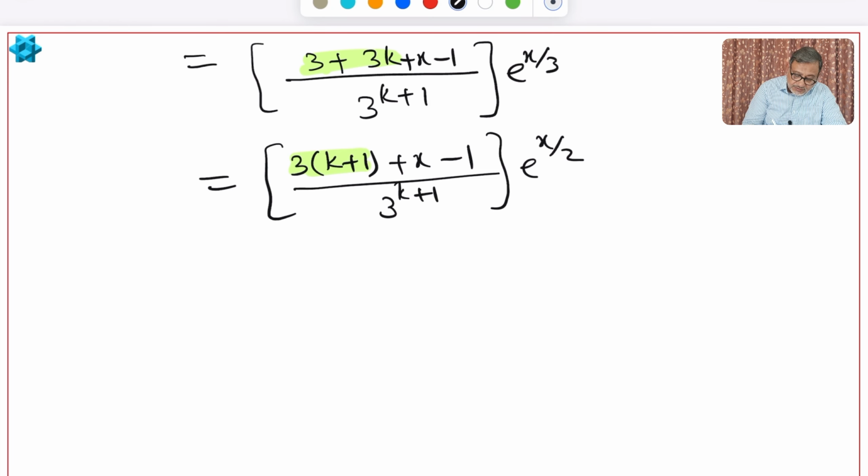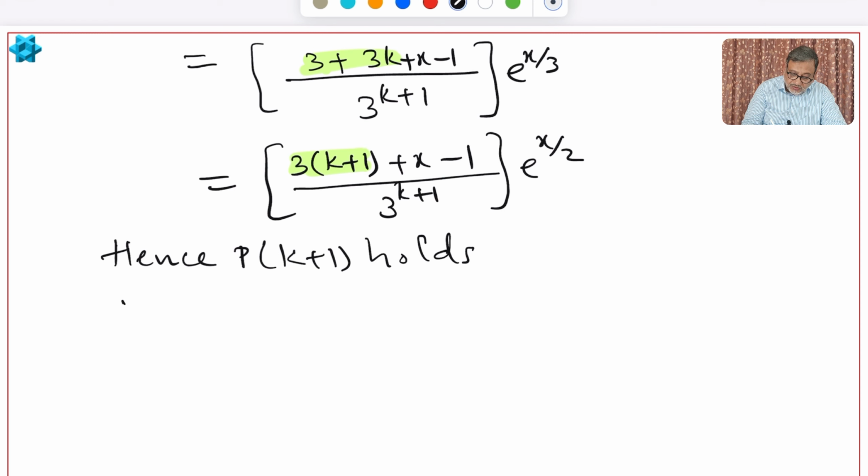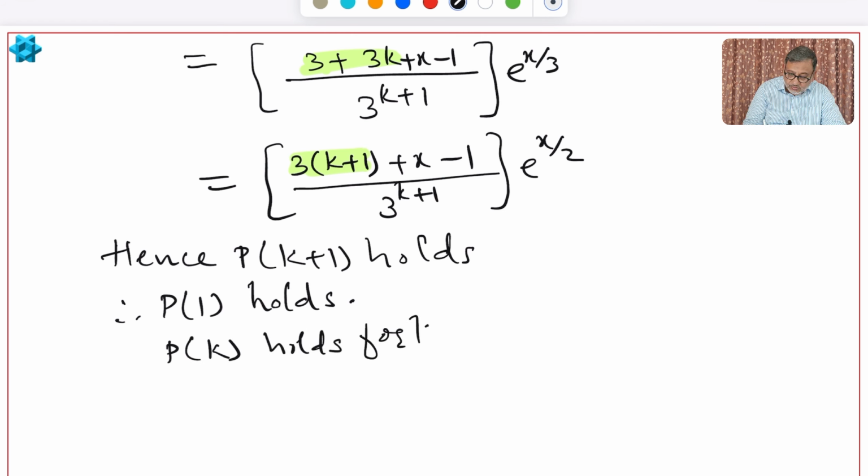So hence P of k plus 1 holds. So therefore P of 1 holds, P of k holds for k greater than or equal to 1.